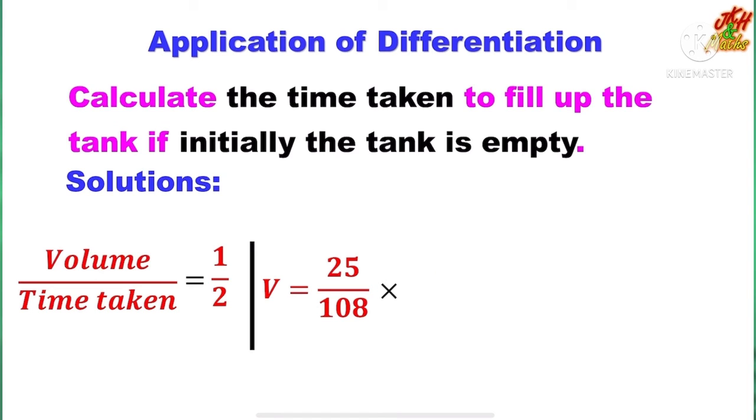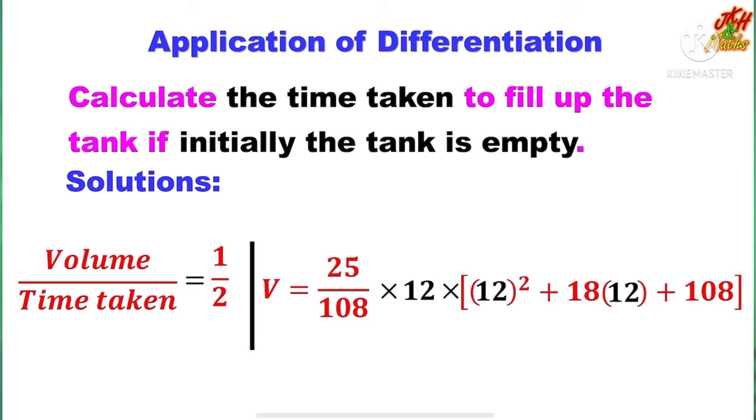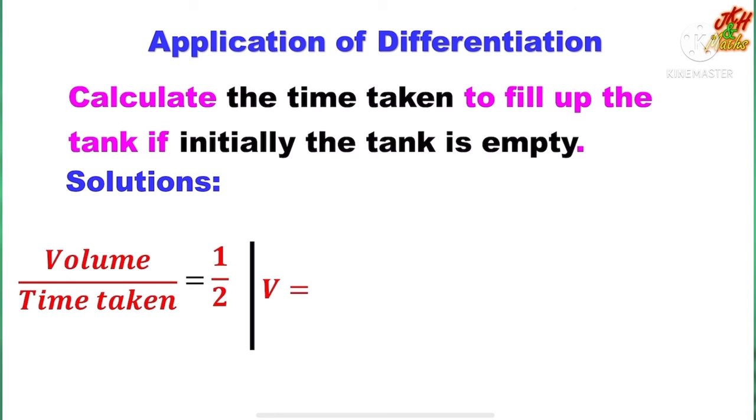So volume of the tank is equal to 25π/108 multiplied with h, which is 12, multiplied with, in the bracket, 12² + 18 multiplied with 12 + 108, giving us the volume equal to 1300π.